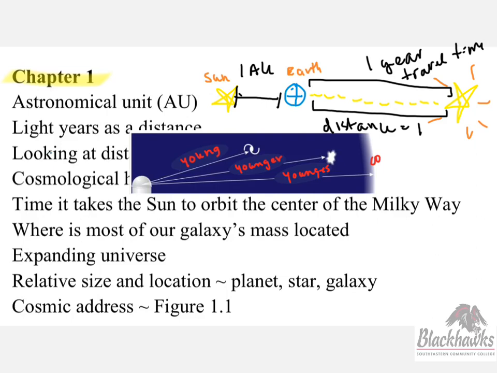Since it takes light time to get to us, when we see the light from that top galaxy I have labeled young, we are seeing that galaxy as it was in the past. As we look deeper into space, that second galaxy, labeled younger, would look even younger to us because it took longer for the light to get to us.